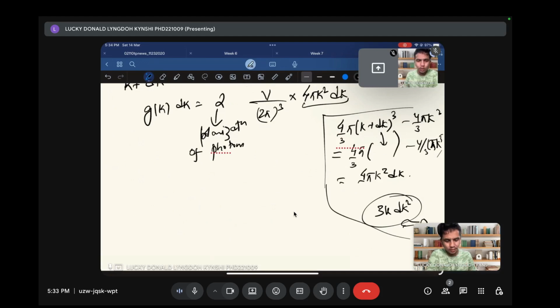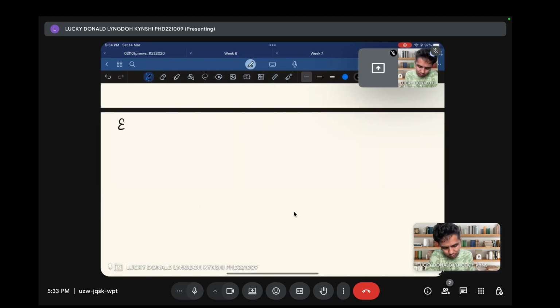Now from here you can easily calculate the energy density per unit wave vector, u of k.